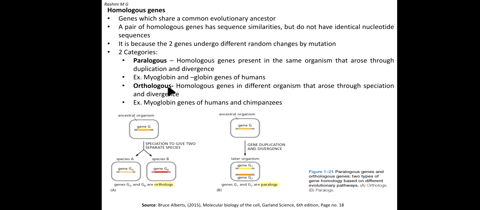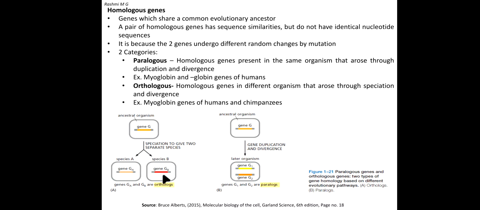Next is orthologous. It is a type of homologous gene in different organisms that arose through speciation and divergence. Here, in paralogous it is the same organism; here they are different organisms with some different sequences, gene GA and gene GB.